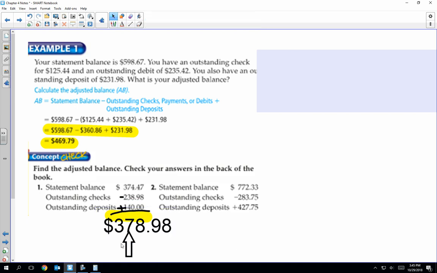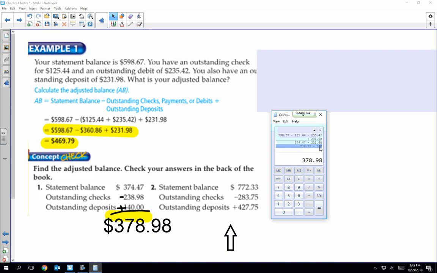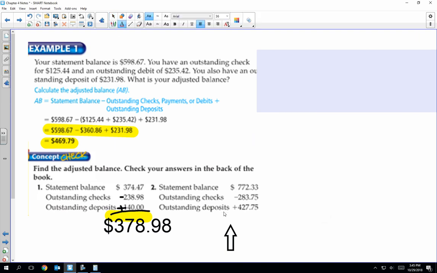We'll do that one more time just to practice. In our calculator, we put 772.33, subtract 283.75, and then add in 427.75. We get 916.33. We'll put a nice little dollar sign in front so we know that we're talking about money.